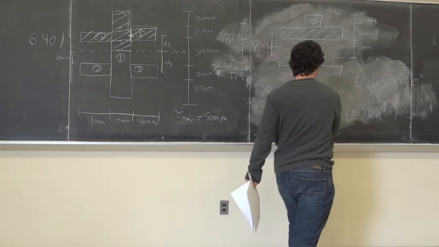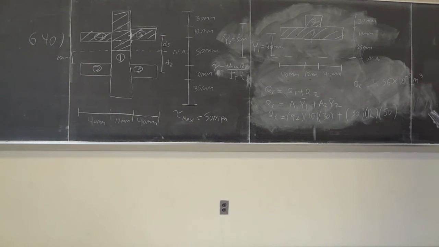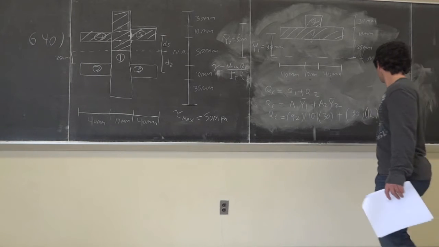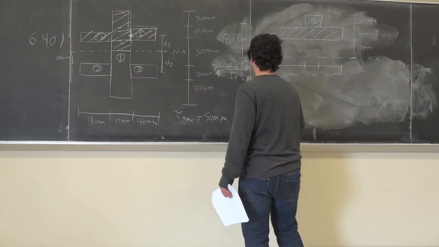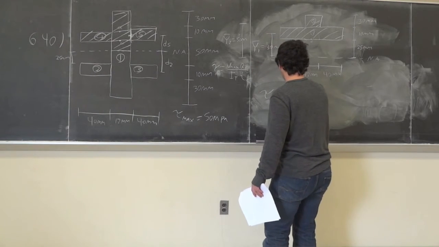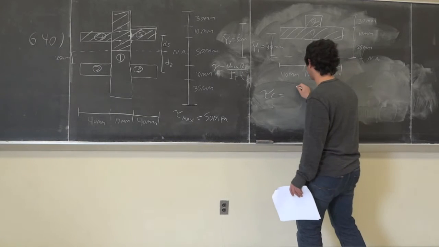So let's find the transverse shear in section C. I'm going to erase it. So tau C is equal to, again, Vmax never changes.